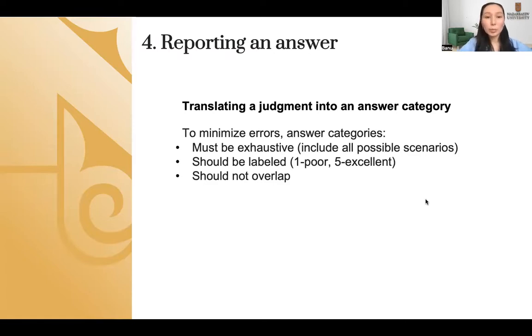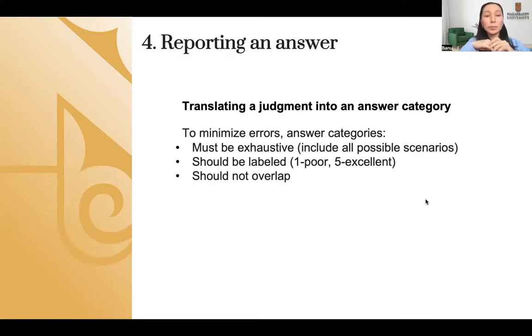In order to minimize problems at this stage, answer categories or response categories must be exhaustive. They need to include all or almost all possible scenarios and categories.